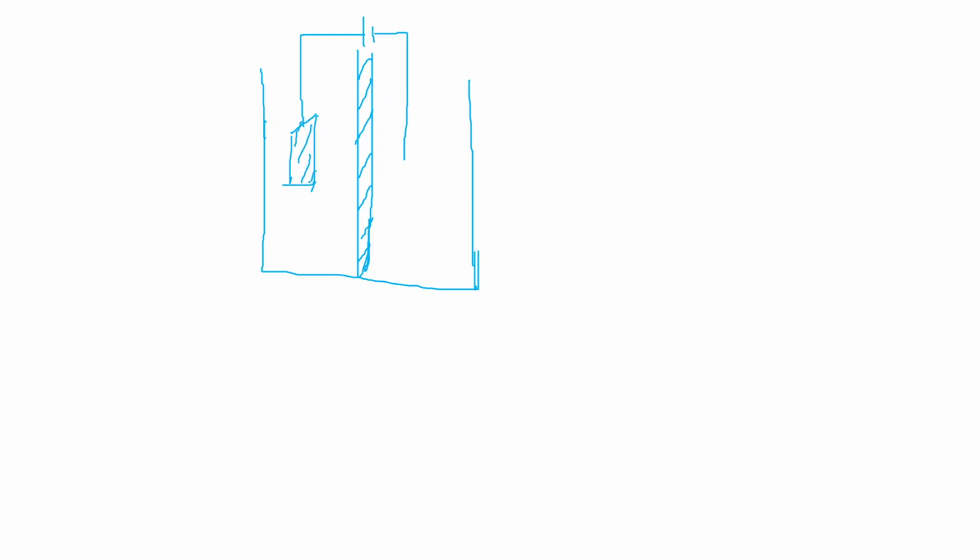Suppose this is one plate. This is positive electrode, and this is negative electrode. Suppose a solvent, or electrolyte, is water. This is membrane. Only the ion will pass through the membrane.